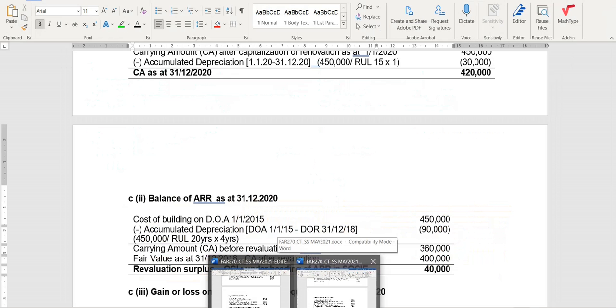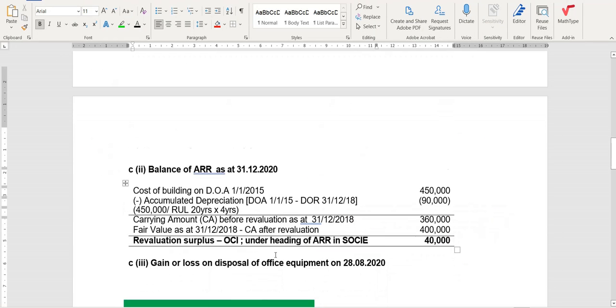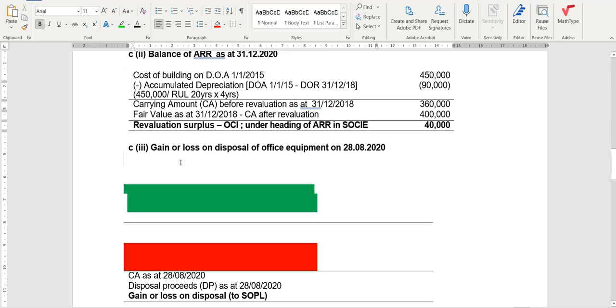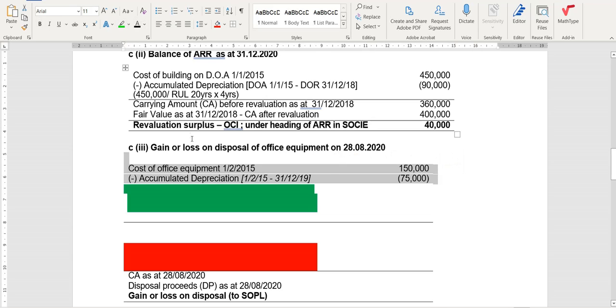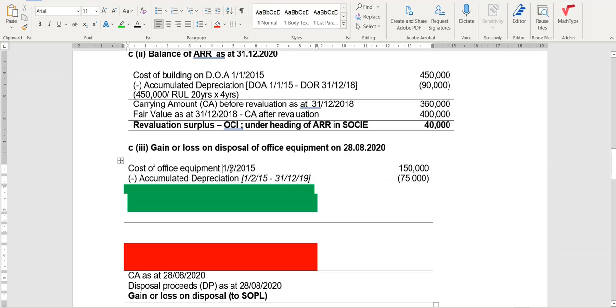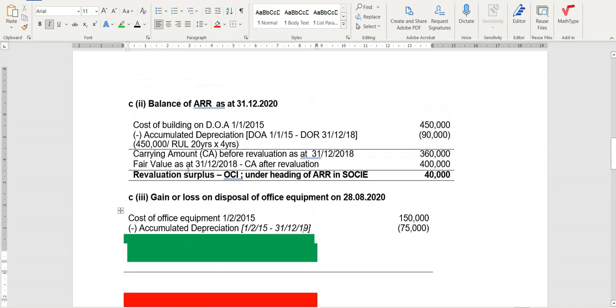So let's look at what I have prepared here for you for the calculation. We will start off with the first part. Office equipment was purchased on 1st February 2015. The cost was 150,000. The accumulated depreciation that we are concerned with is only up until 31st of December 2019, because in the year of disposal, there will be no depreciation.